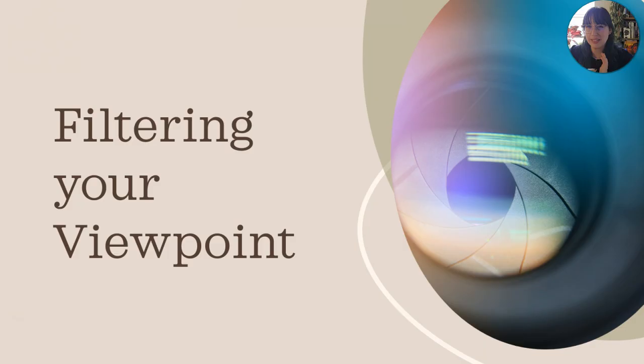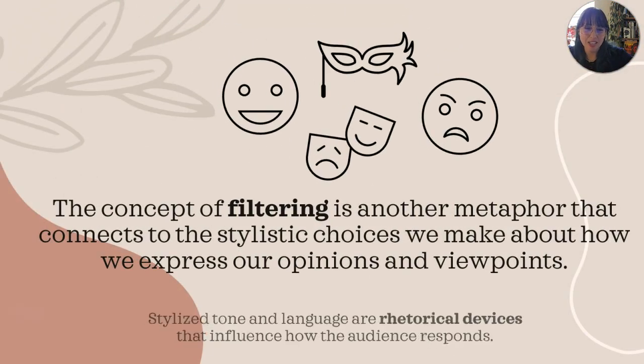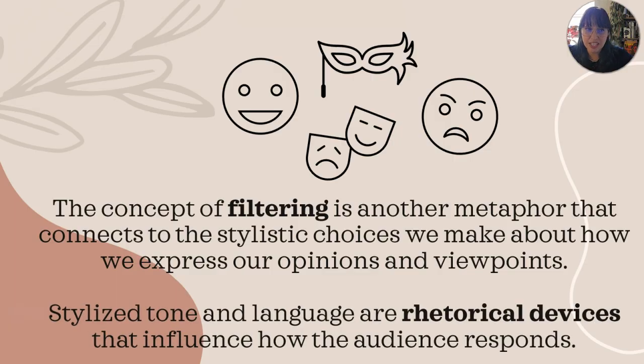So with all of those lenses floating around a little bit, let's look at some specific ways that we can use language and writing to help filter our viewpoints. Again, keeping up the idea of using metaphors, the concept of filtering is another metaphor that connects to the stylistic choices that you make about how you express your opinions and how you express your viewpoints.